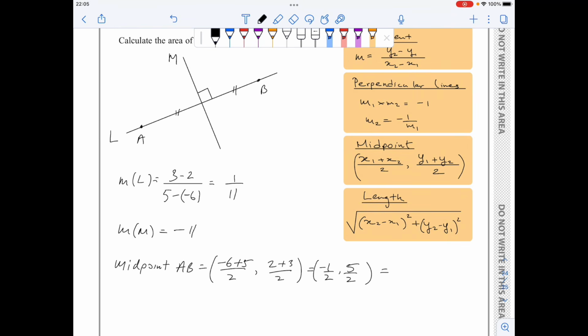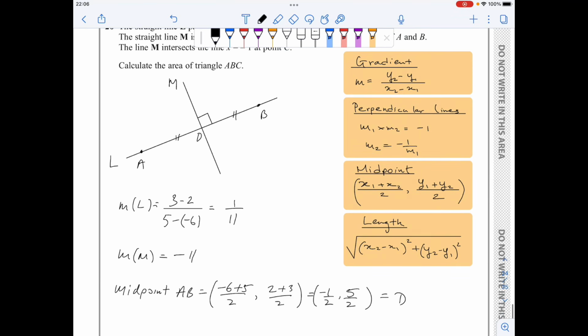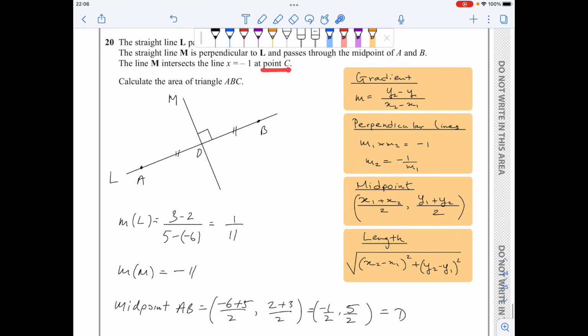I will call this point D. So that's D. Now the point C I'm trying to find is on line M when x is minus 1. So C should be somewhere here. So let's put a C there.